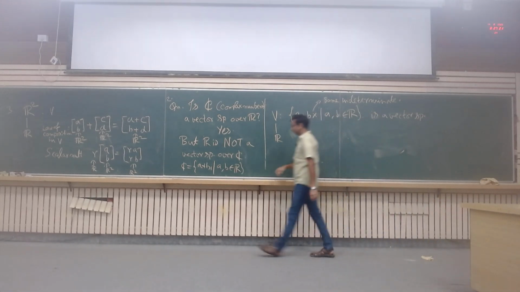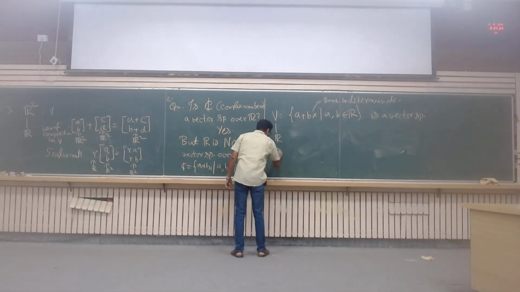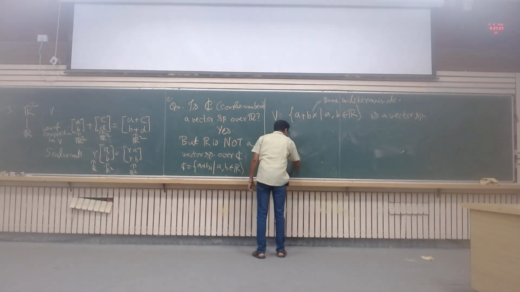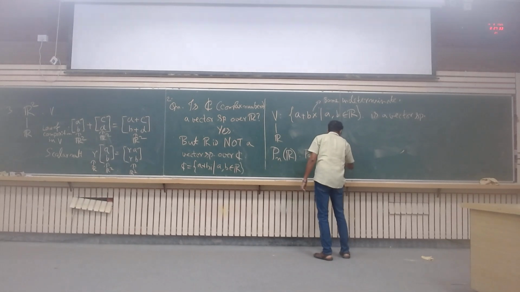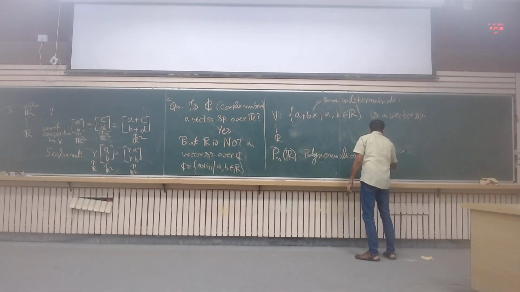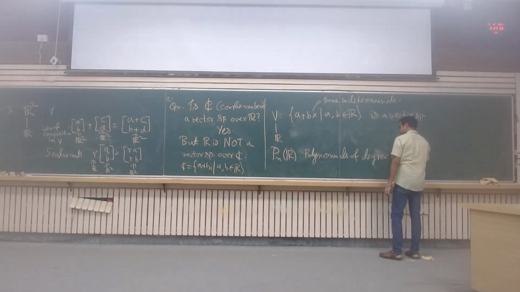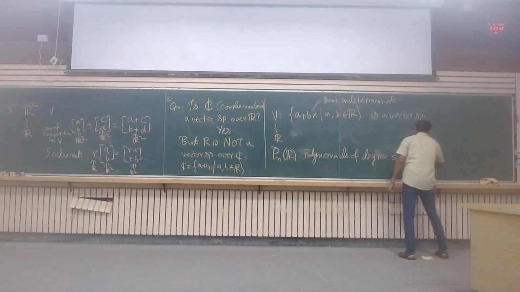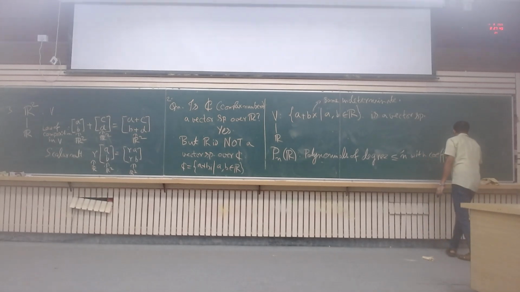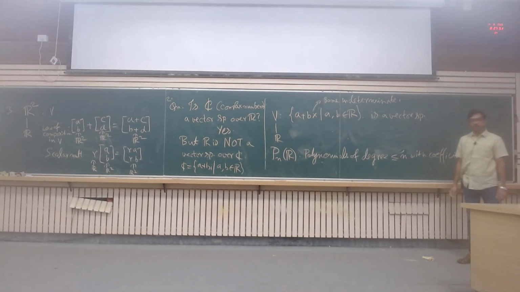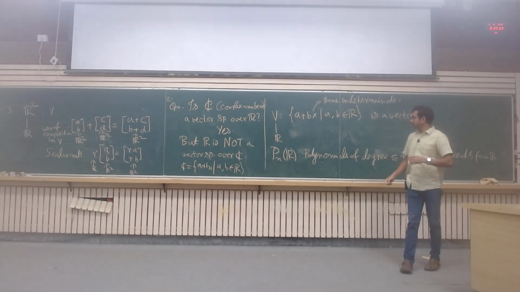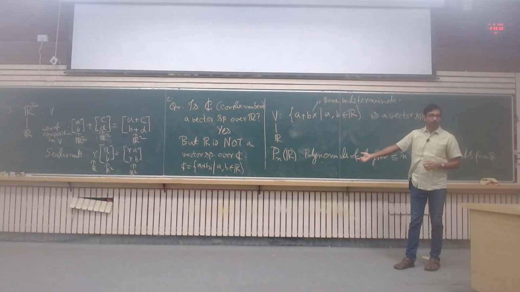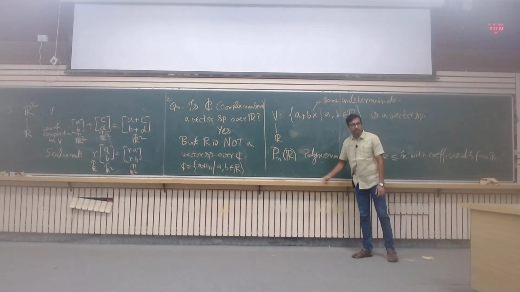And not only that, if you have the notation P_n(R) for polynomials of degree less than or equal to n with coefficients from R, this will also form a vector space, right? Because if you add two polynomials of degree less than or equal to n, you get another polynomial of degree less than or equal to n. The additive identity is just 0, right? I'm talking at first about the abelian group structure. The additive identity is 0.